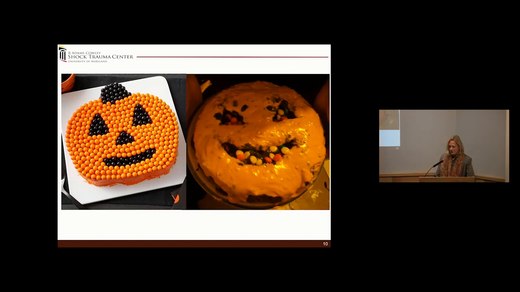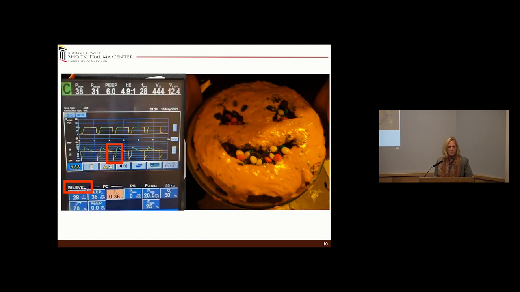The reason I say this is, here is an example of TCAV. This is APRV set with, and I'm going to go over all the settings, but you can see this waveform, and the mode is the same. If you look just at the paper, you're going to say that patient was on APRV, right? Then you have to look at the T low here.